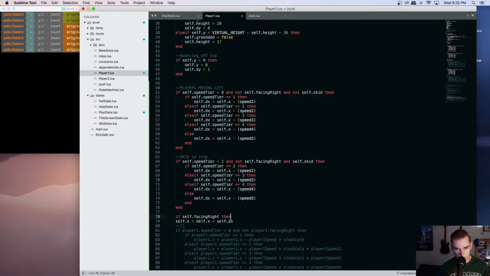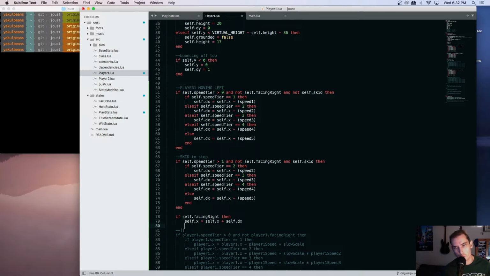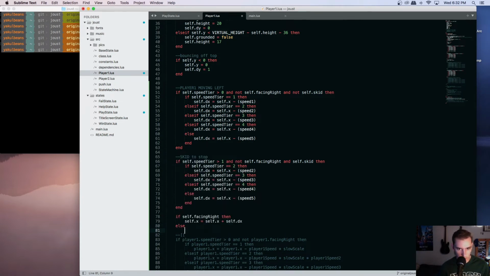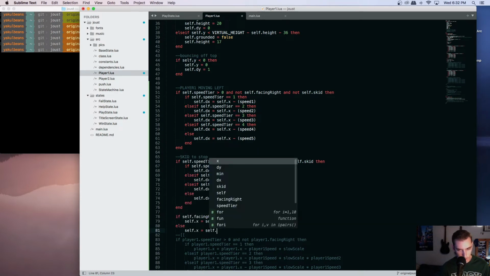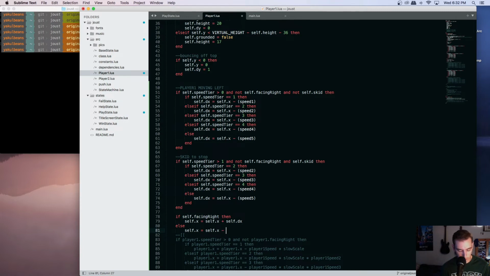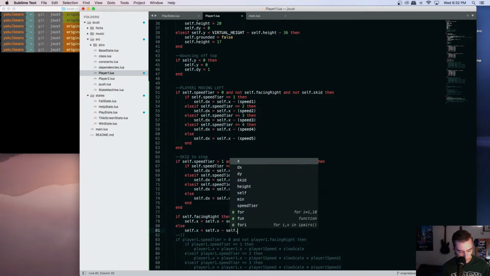if self is facing right, then its x needs to be its current x shifted positively by the dx, and else its x gets its current x minus self.dx.